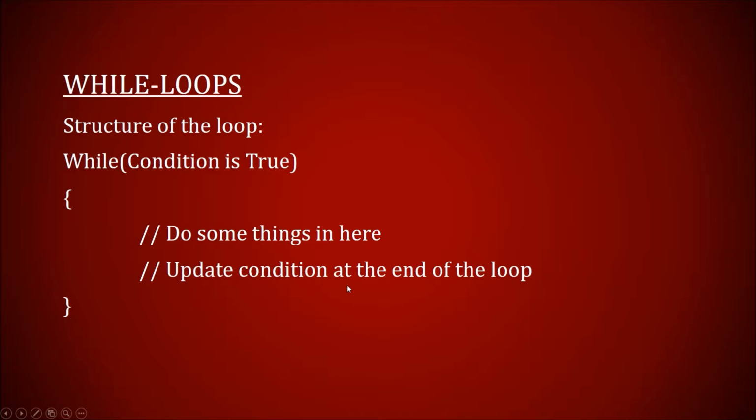Sometimes you update it at various points through the loop, but typically you do an update towards the end. Then at the end it jumps back up here and checks if it's true. If it's true, it loops back into the section of code and does those things again. If it's not true anymore after the condition's updated, it will kick out and go to the next line of code down here.